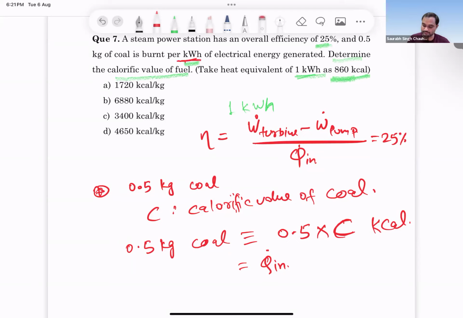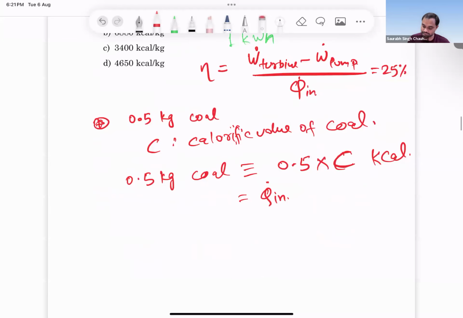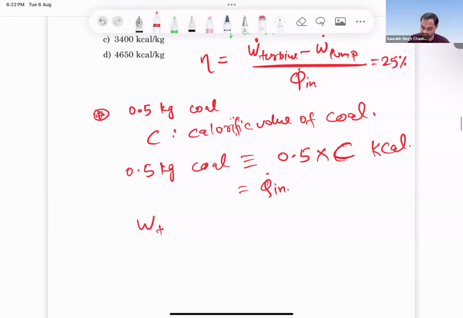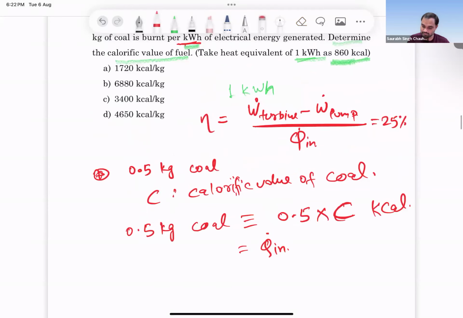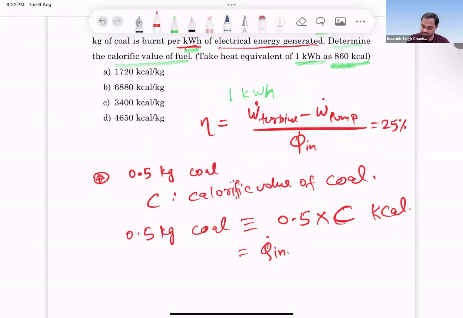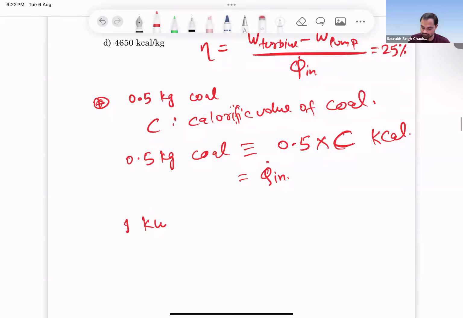Okay, so 1 kilowatt hour is the electricity generated, so that will be equal to the network output.